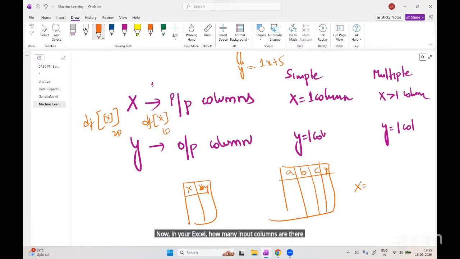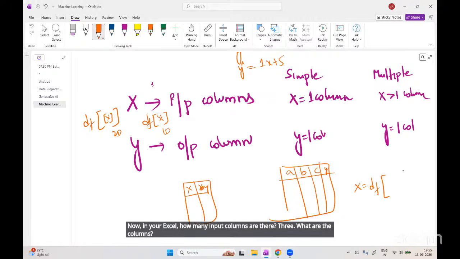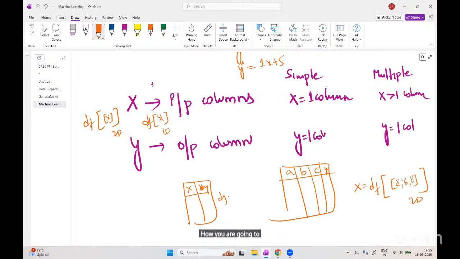Three: A, B, C. How are you going to select them? List of A, B, C. Obviously, we have to use one more bracket, so 2D now. The same way, one column, which is 2D. Is the point clear, everyone?